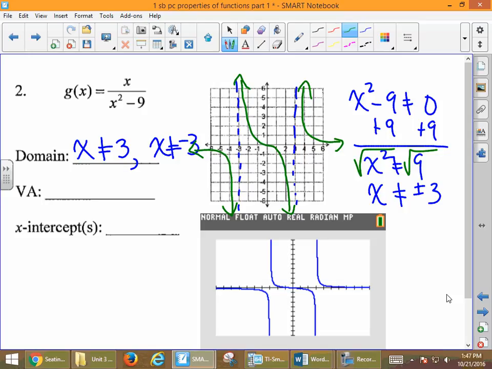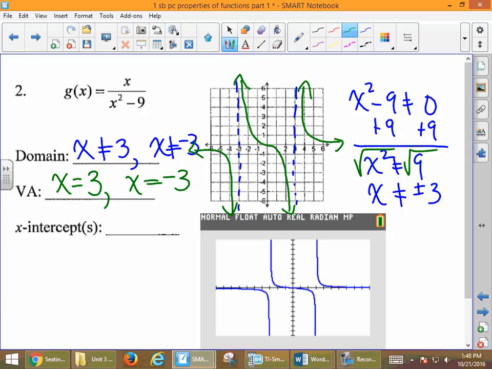And in this particular problem, we see that we have 2 vertical asymptotes, and the equations of those are x equals 3 and x equals negative 3. And if you look back at the box there, remember the vertical asymptote describes the behavior of the graph when it is close to some specific number. And it goes along with our domain.